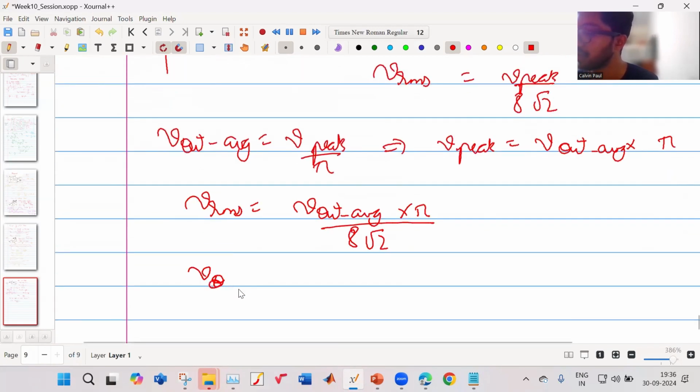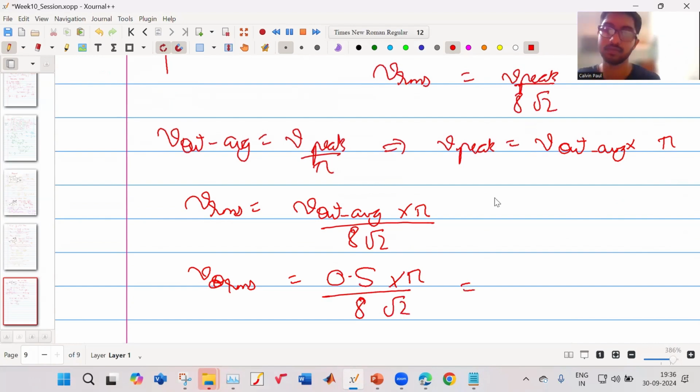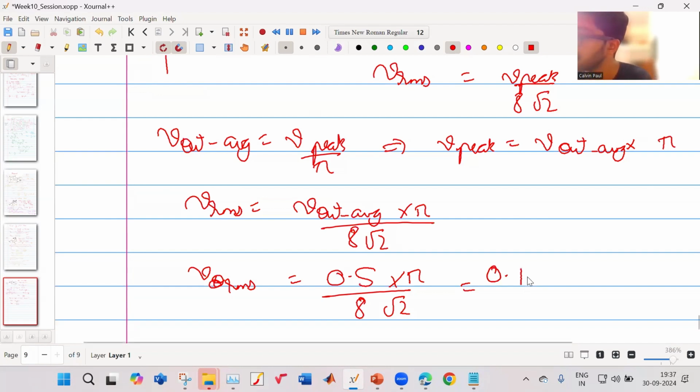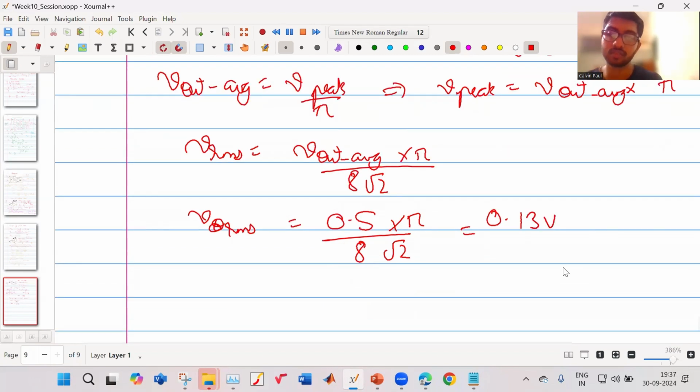So your V output average is 0.5, so 0.5 into pi upon 8 into root 2. What is this value? 0.13 volt. Okay.